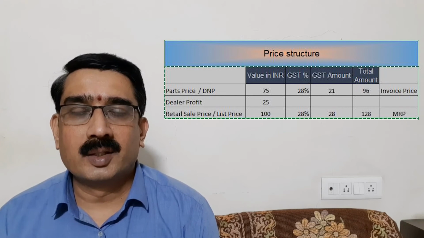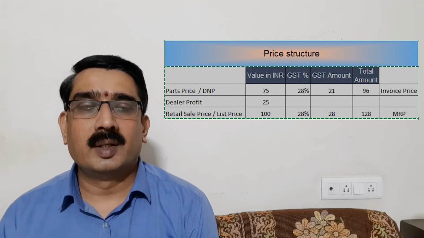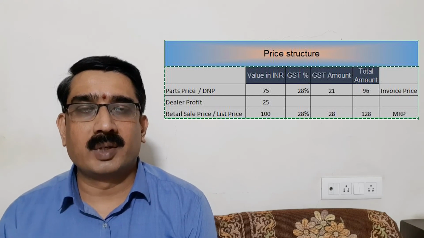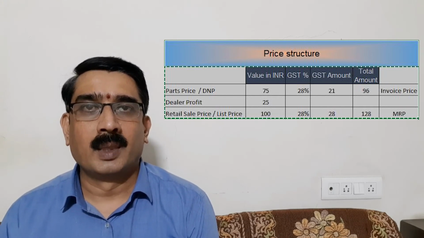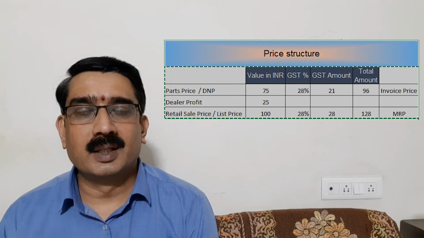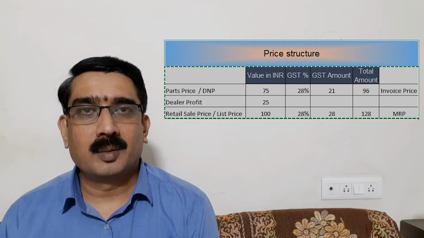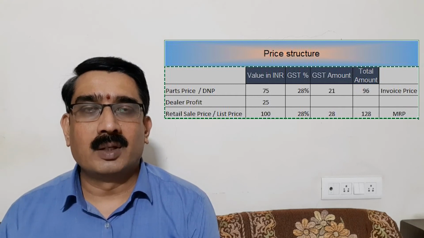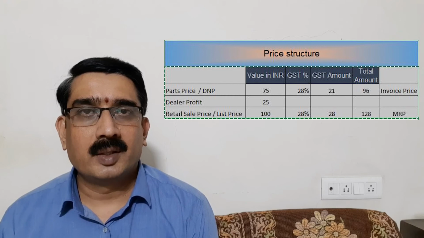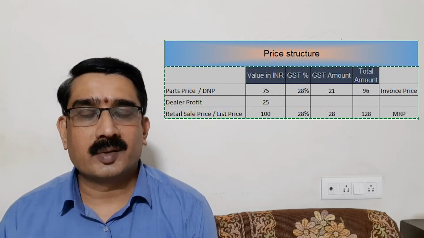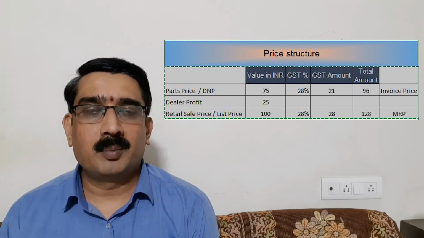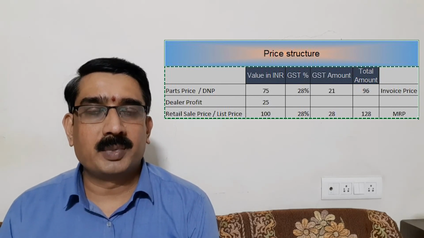When the dealer is selling this part to the customer, they are selling at 100 rupees: 75 rupees purchase cost plus 25 rupees margin. So the total will be 100 rupees. This 100 rupees is called list price or retail price. When the dealership is selling to the customer on chargeable basis, they again charge tax on that. Again the tax is 28%. 28% on 100 rupees will be 28 rupees.